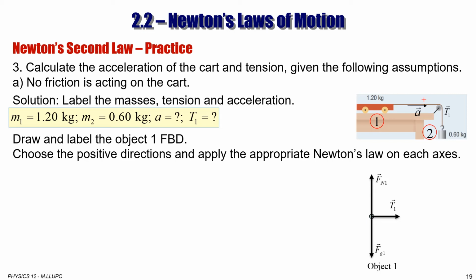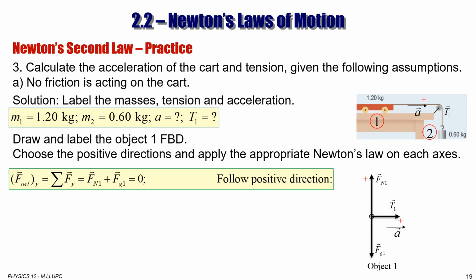What does this mean? That means that you can apply Newton's first law if there is no motion on that axis, or if there is motion at constant velocity, which in this case is not true. Or you can apply Newton's second law when there is acceleration. So we can apply Newton's first law on the y-axis, because we know the cart is not moving up or down, it's moving horizontally.